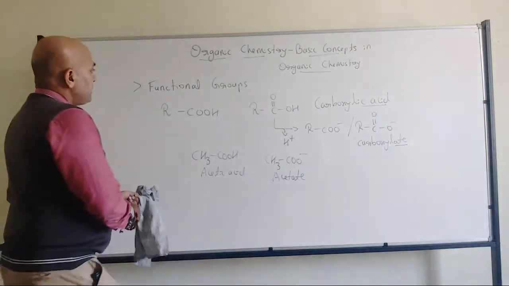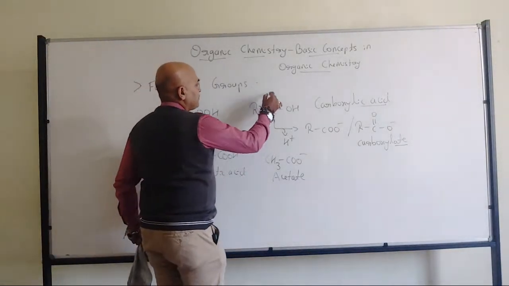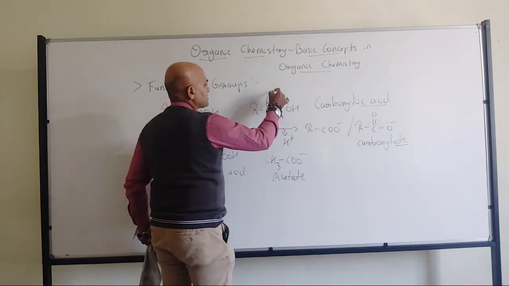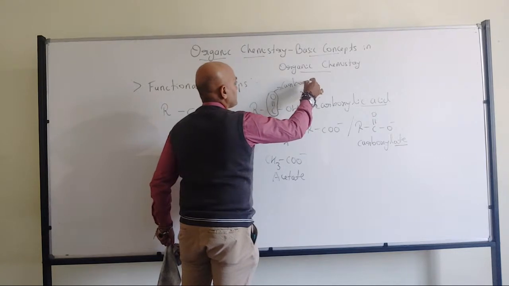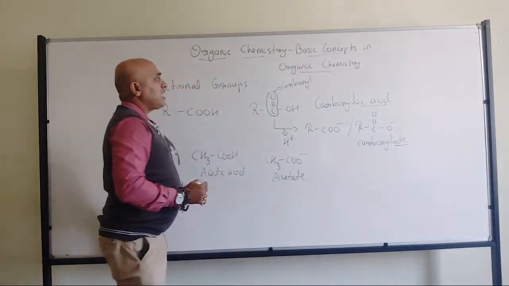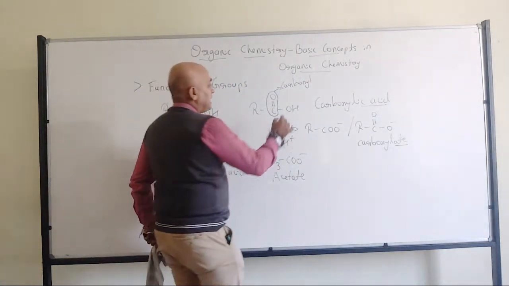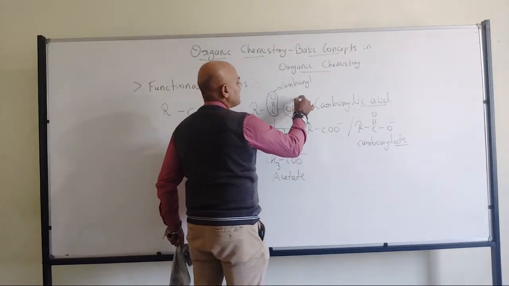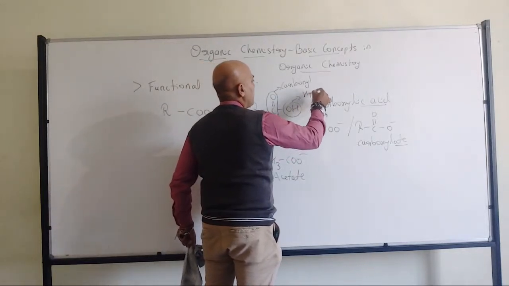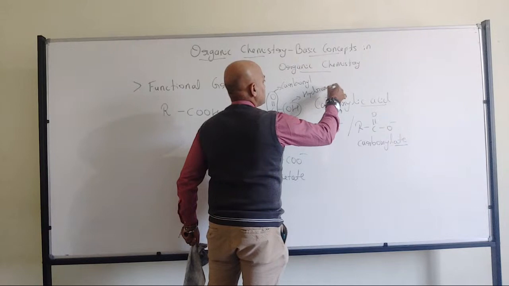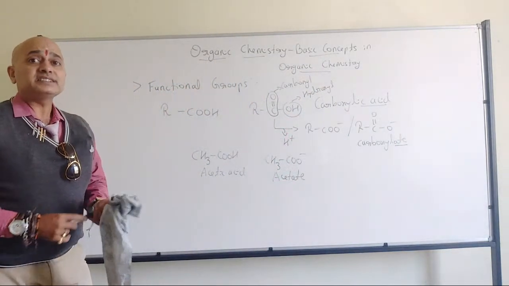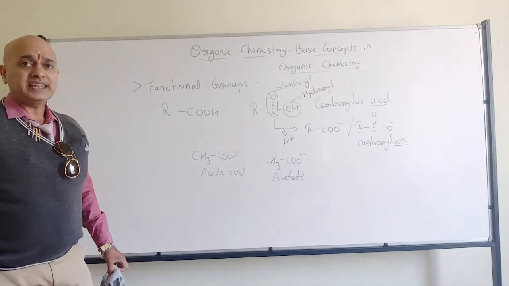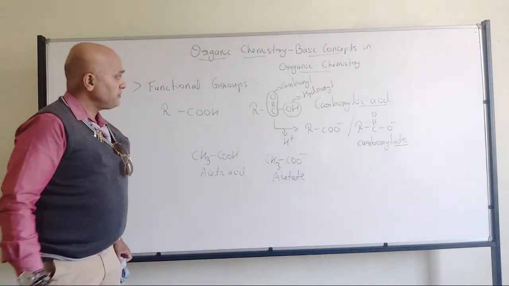Okay? Now the important point here is we have a particular structure which is called the carbonyl group. And we have another structure which is called the hydroxyl group. Anyway, you are going to study these things in reactions also.